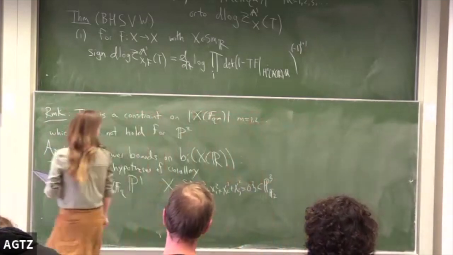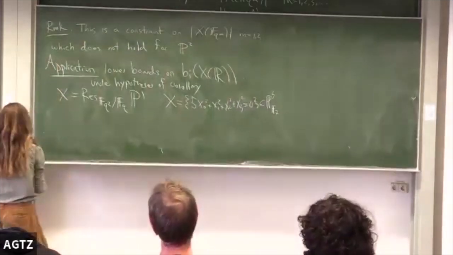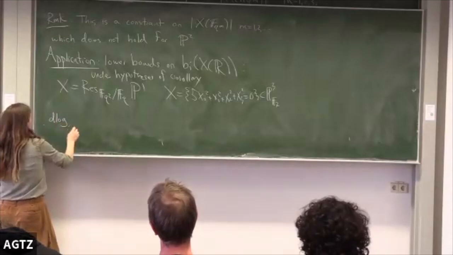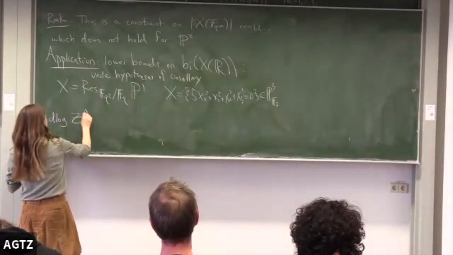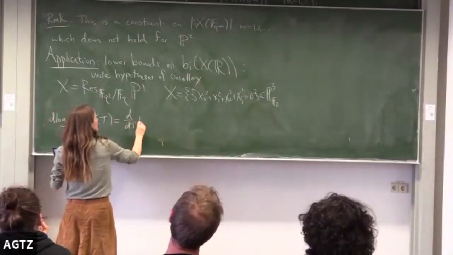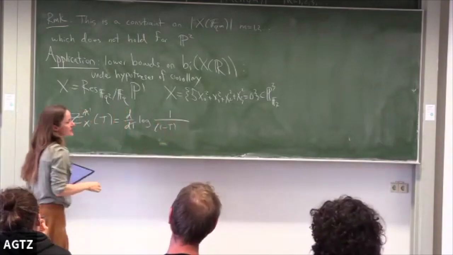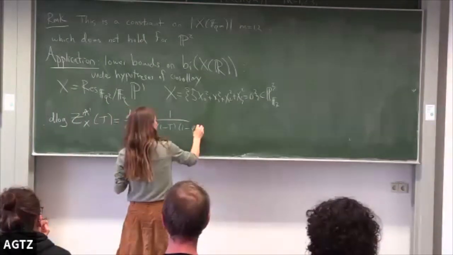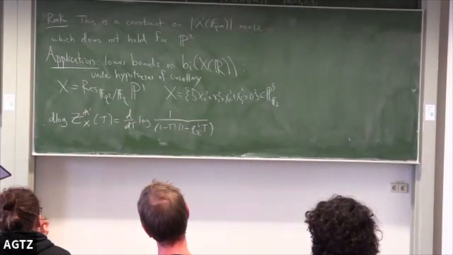And then the logarithmic A1 zeta function looks like P1 cross P1 in the 0 and 2 cell term, A1 zeta of X at t. So d by dt log. Here we've got 1 minus t from the 0 cell, and 1 minus q^epsilon squared t from the P1 cross P1 cell.